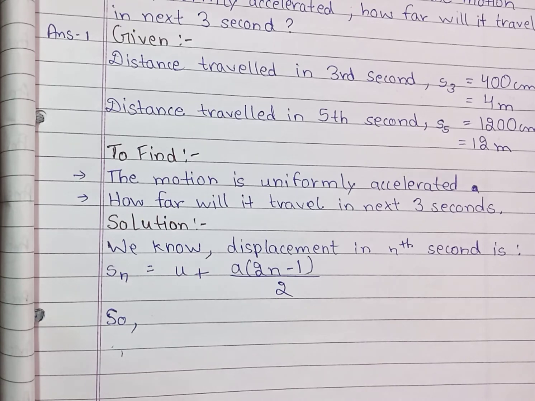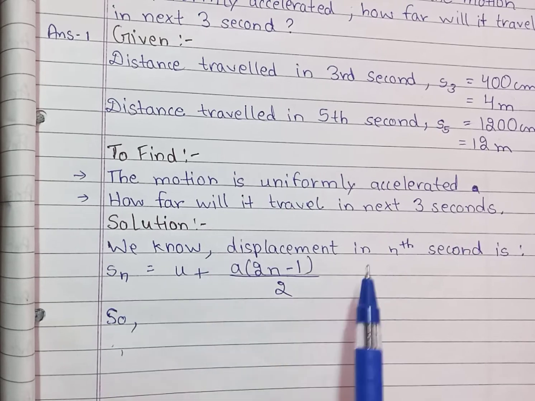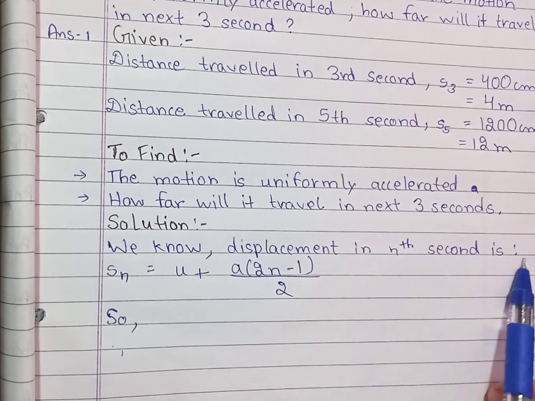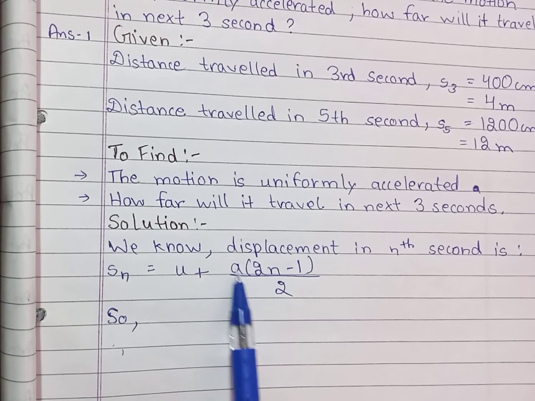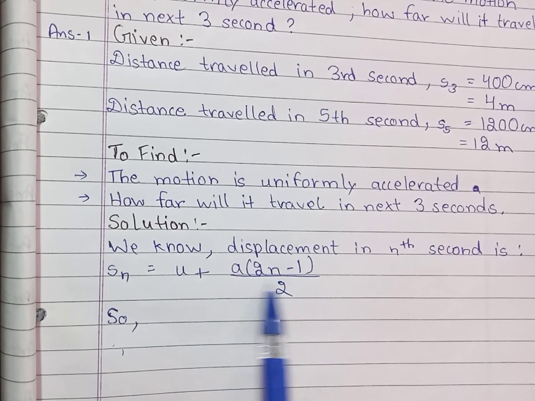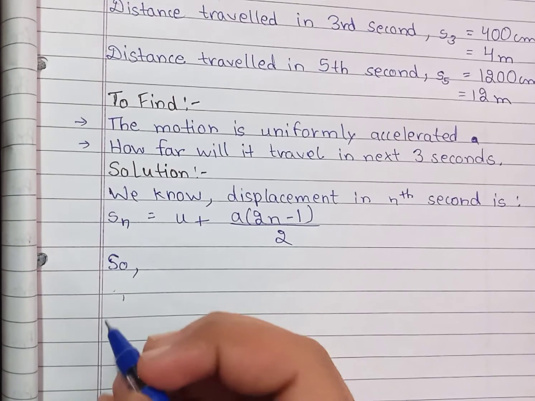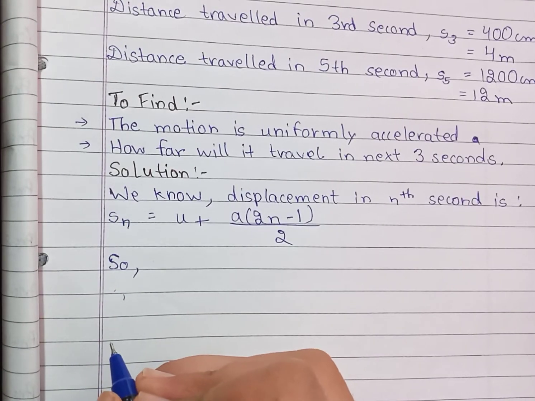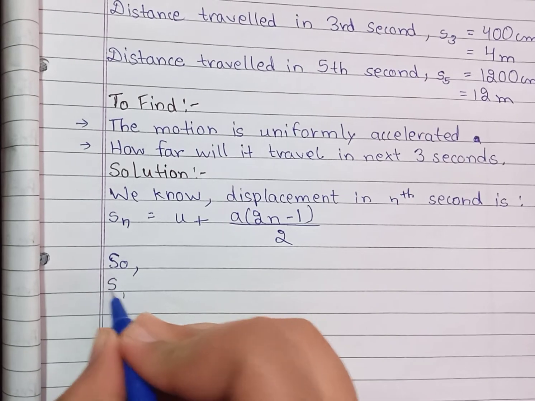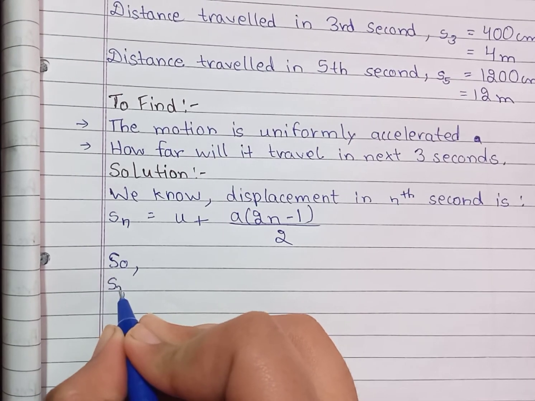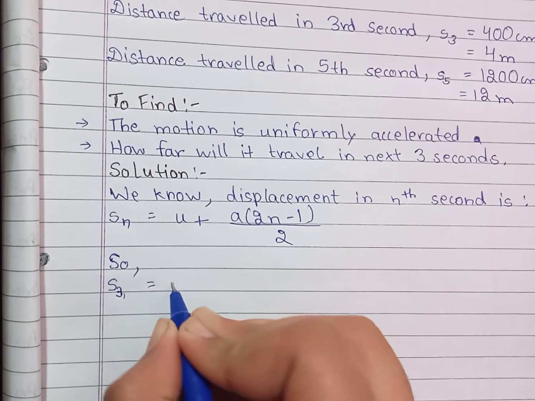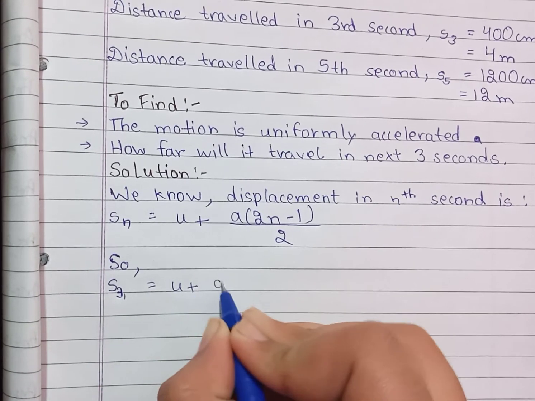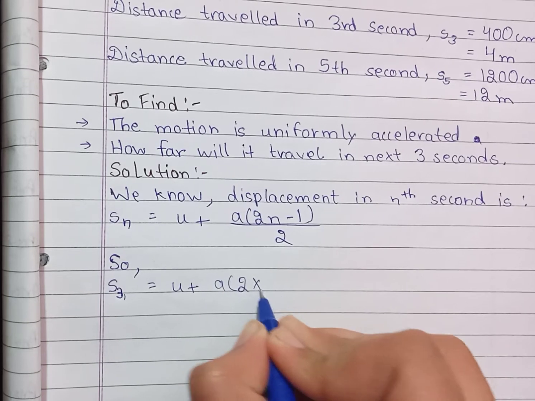So let us solve. We know displacement in nth second Sn is equal to u plus a upon 2 into (2n minus 1). So now let us solve this. First we will find out for S3. S3 is equal to u plus a upon 2 into (2 into 3 minus 1).